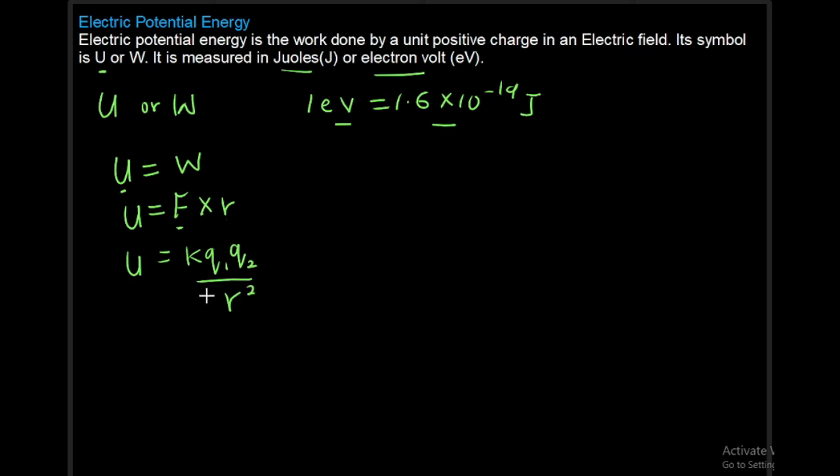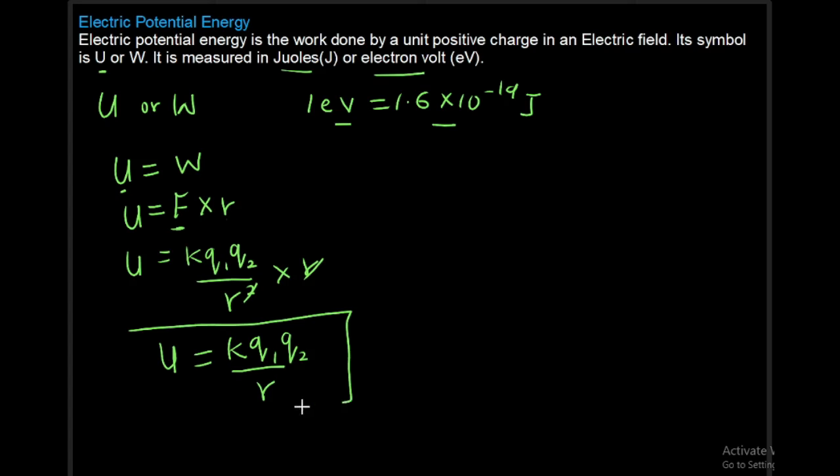So rather than writing F, we can write KQ1Q2 over R squared multiplied by the distance. Now this R is going to cancel one R squared, and then you're going to have potential energy equals KQ1Q2 all over R. So this is the equation we use for calculating electric potential energy.